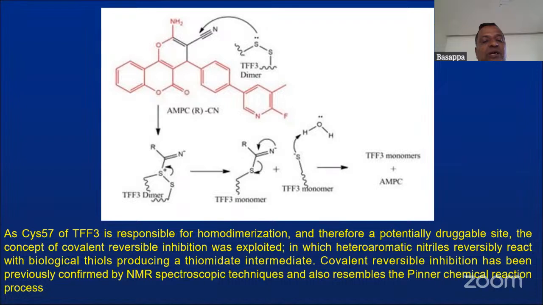Once such an iminium ion is formed, the TFF3 dimer becomes the TFF3 monomer bound to a ligand. In the presence of water, this structure is degraded, followed by release of AMPC, and then TFF3 monomerization could occur. This is the way we proposed the molecule degrades.